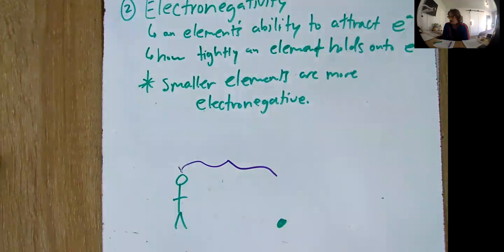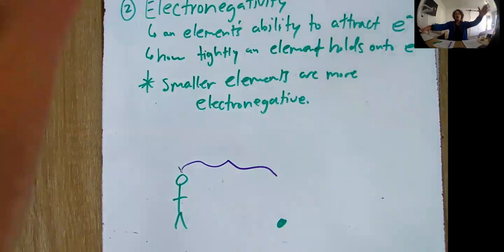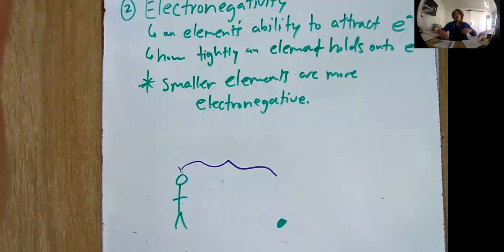So in our analogy, someone who's able to dribble the ball close to them and keep the ball tight and close is like an element having greater electronegativity, because that element would be smaller compared to the person dribbling the basketball far away or kicking the soccer ball really far away. That element would be larger.